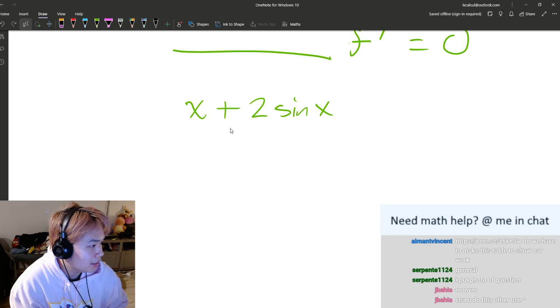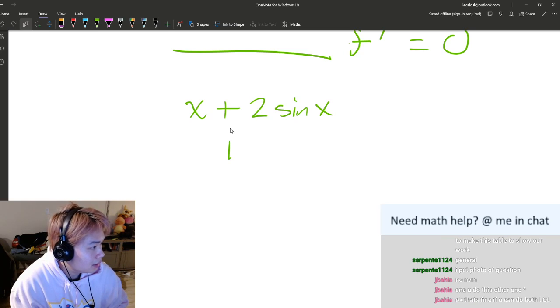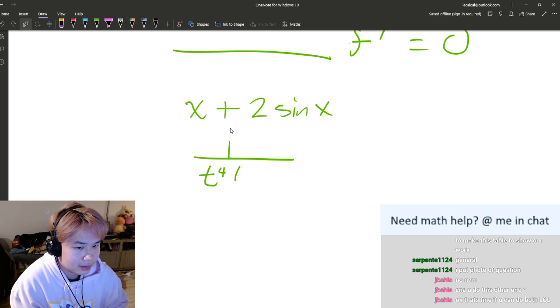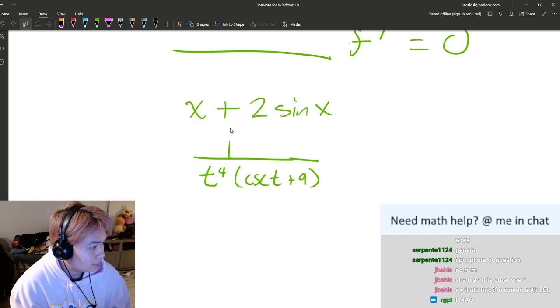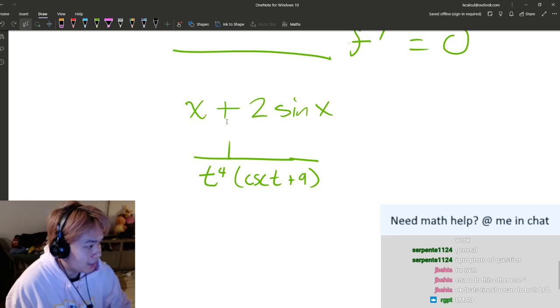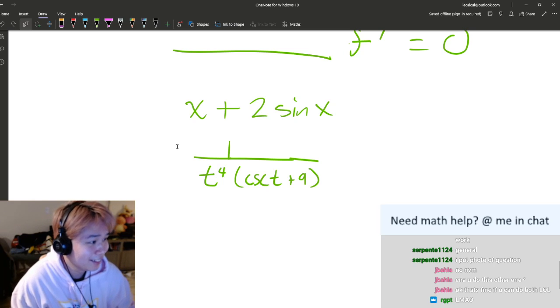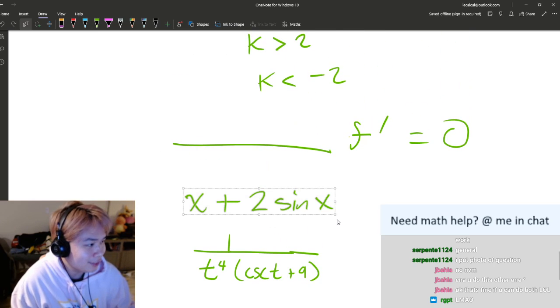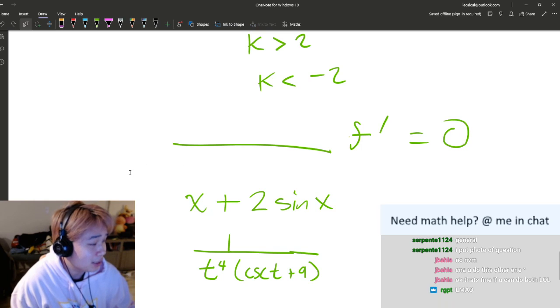Can you do this other one? 1 over t to the power 4 cosecant t plus 9. Does it look like this? Okay, that's fine if you can do both. Just take the derivative of this one, set it equal to 0, and then solve for x. It shouldn't be too hard.